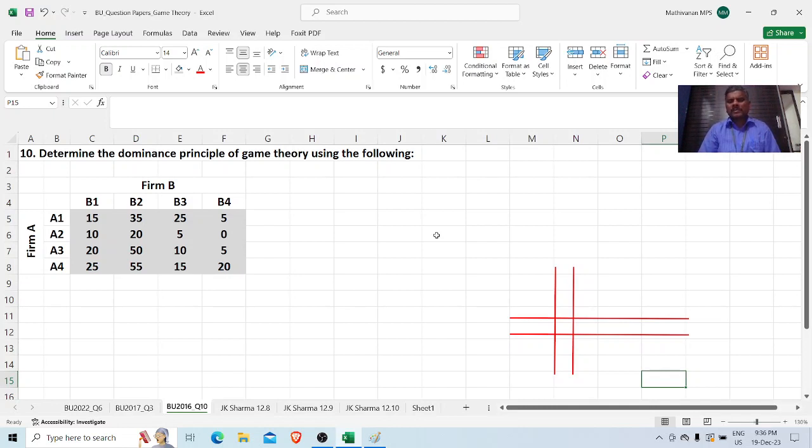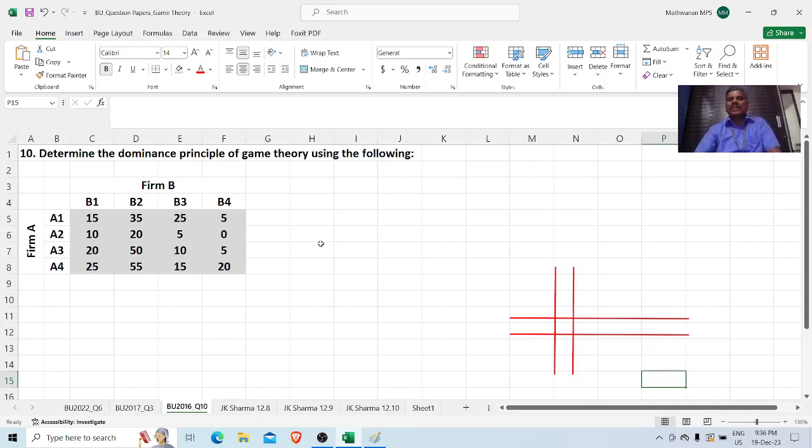This problem asked in 2016 is exactly the same as the problem which we discussed earlier under 2017. So quickly we will see what are the strategies that are dominating.